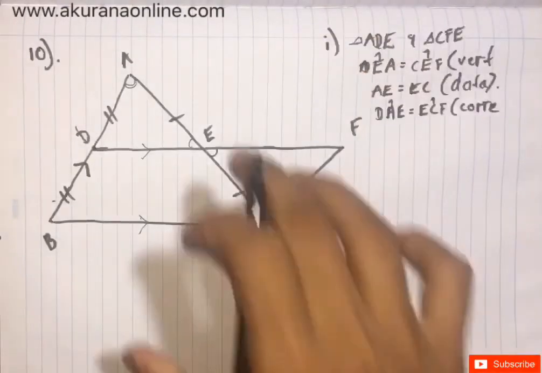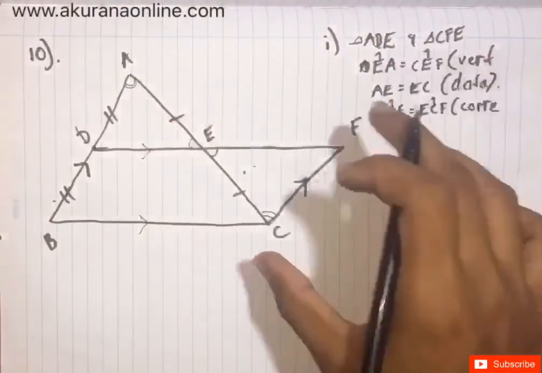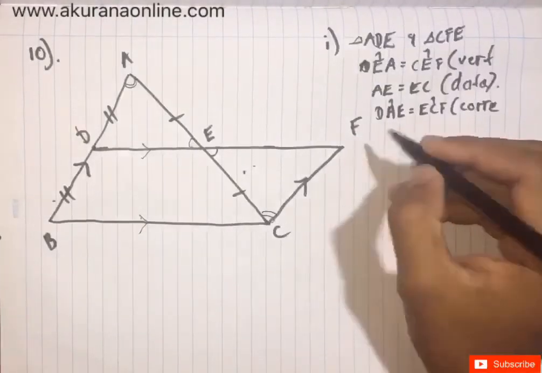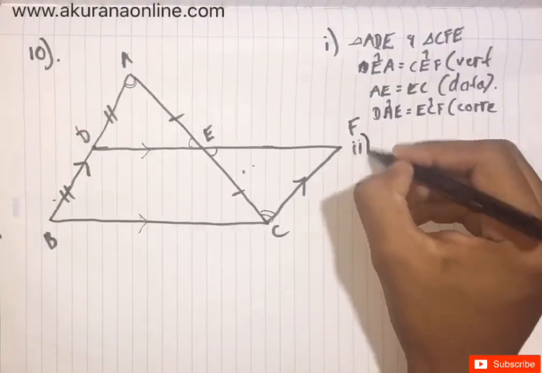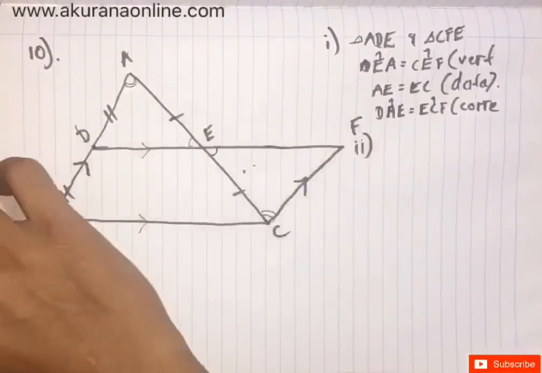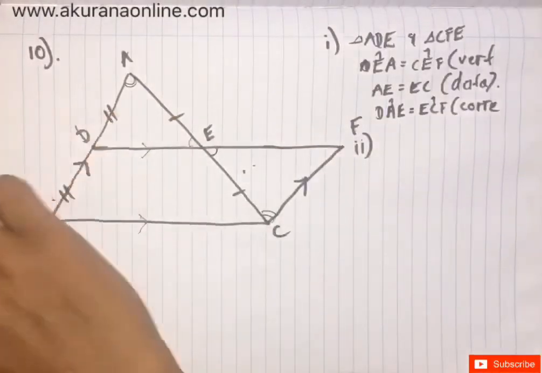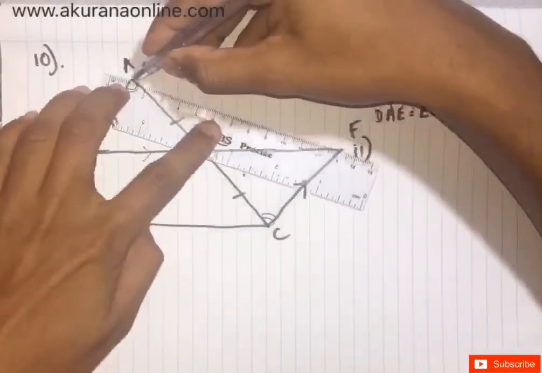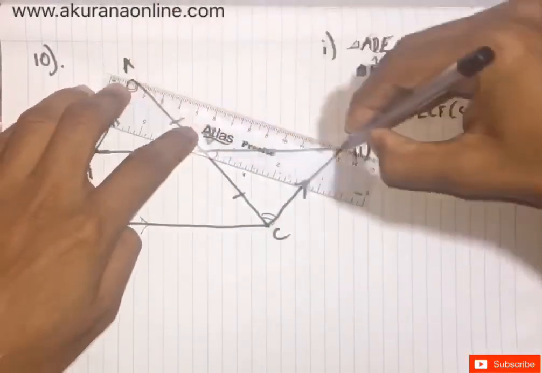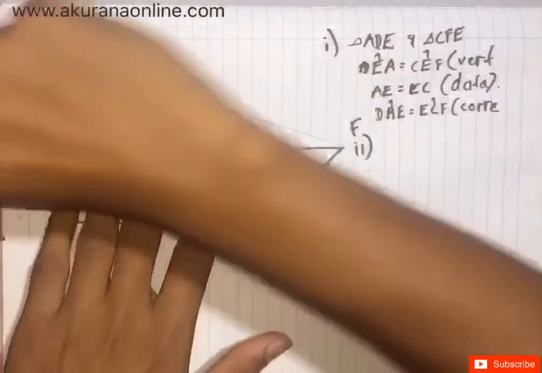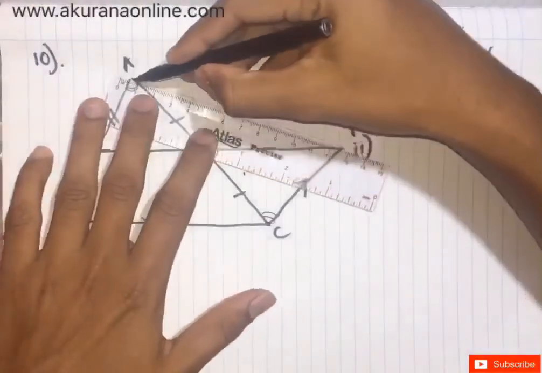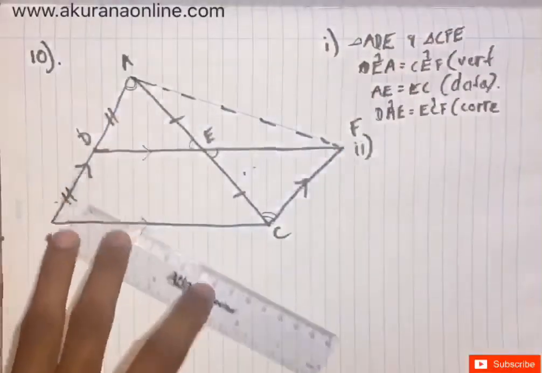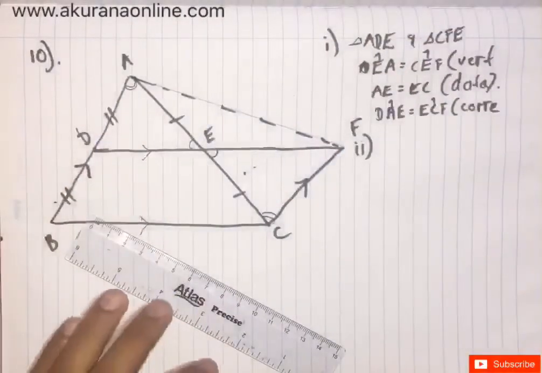Okay, since the diagram is here, I'm trying to work out all the questions on the same page. Okay, second part, they have asked you to join AF and DC.